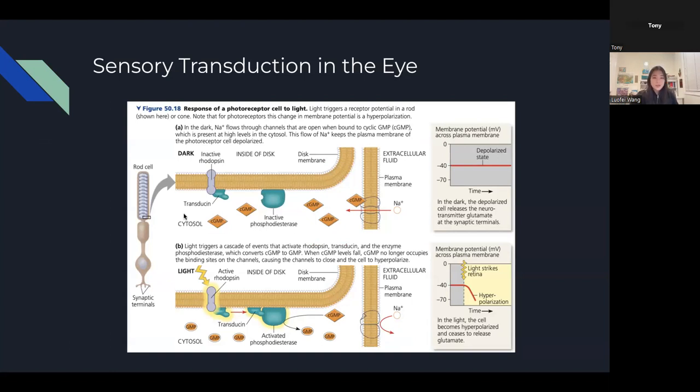And then that G protein will activate phosphodiesterase, which will then create cyclic GMP that binds to the sodium channels and keeps them open for depolarization. And then once the cyclic GMP is no longer in use, it will be hydrolyzed, the sodium channels will close, the cell will undergo hyperpolarization, and the rhodopsin will be changed back into the cis isomer form.